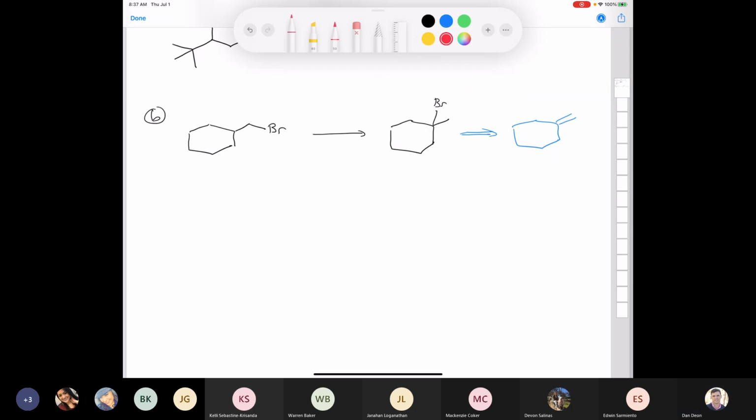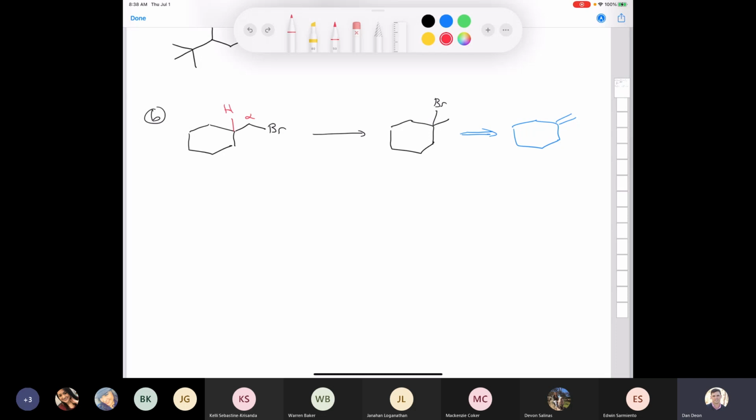If this is our alpha carbon, we've only got one beta proton, right? So what would be the best base to eliminate that? We don't want to use a non-hindered base because this is a primary alkyl halide. If we use something like sodium methoxide, that's a strong base, but it's also a good nucleophile. So that would mean that SN2 would predominate. If you go back to the figure that we had in chapter 7, I can't remember which one it is right now, maybe figure 7.2, anyhow, it's neither here nor there.